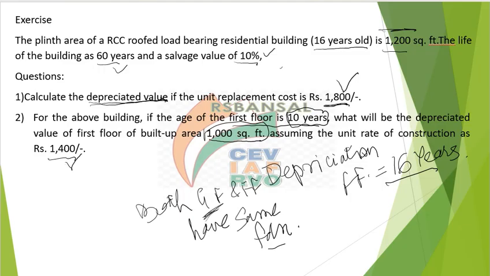You have to consider the age of the foundation, not the age of the building. For depreciation, remember, you have to consider the age of the foundation. In this case, the age of the foundation is the same, so depreciation for both the ground floor and first floor will be calculated for 16 years, not for 10 years for the first floor.